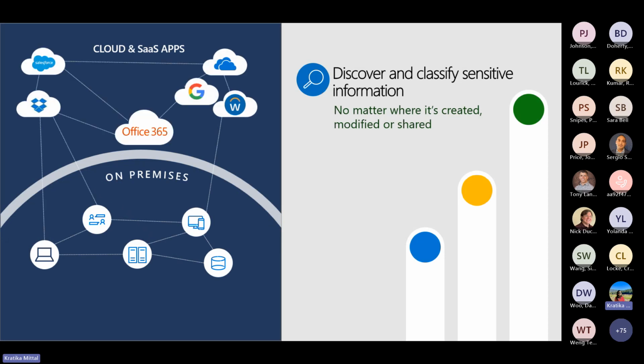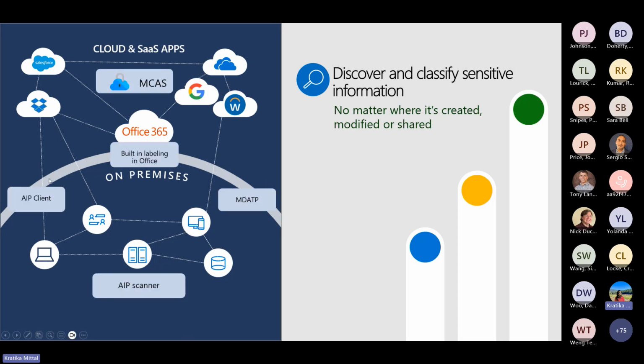Data processed by the client applications is reported by the AIP client and Defender for Endpoint. Data stored in the cloud is scanned, inspected, and labeled using Microsoft Cloud App Security. And last but not least is your data stored in on-premise file shares and SharePoint. And that is where your AIP scanner comes to help you.